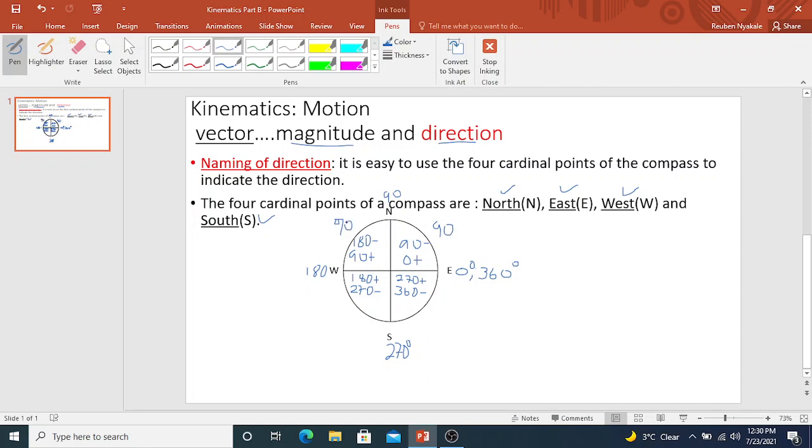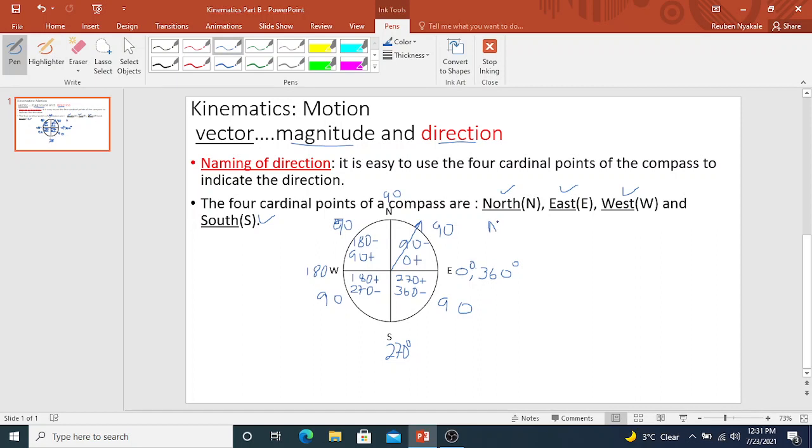All of them. 90 minus 0 is 90. 180 minus 90 is 90. 270 minus 180 is 90. 360 minus 270 is 90. Each quad is made up of 90 degrees.